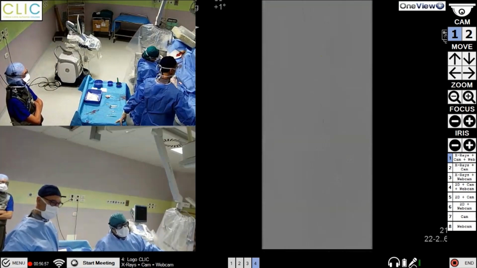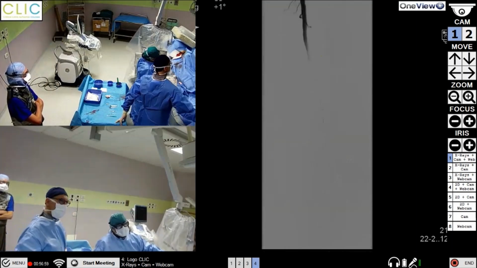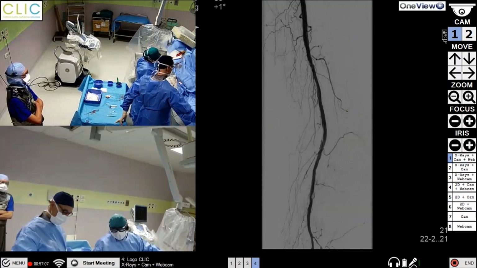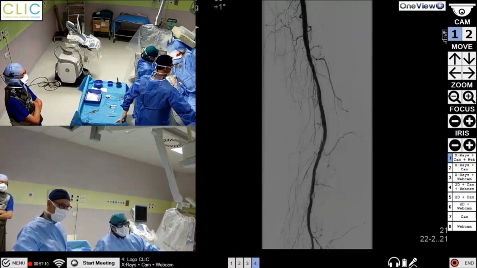areas where we have dissection and recoiling of the calcium, despite 3 minutes with the 5 millimeter Dorado balloon at 20 atmospheres.